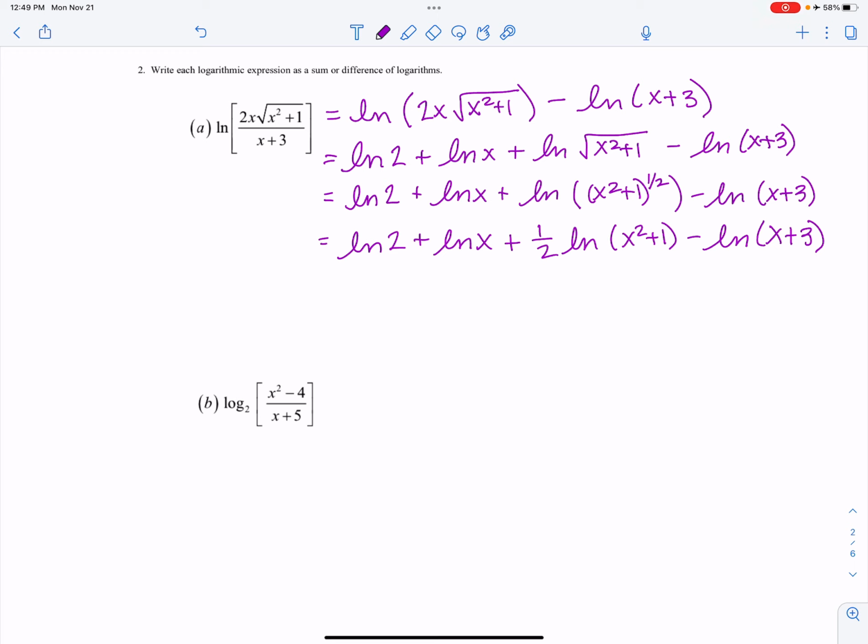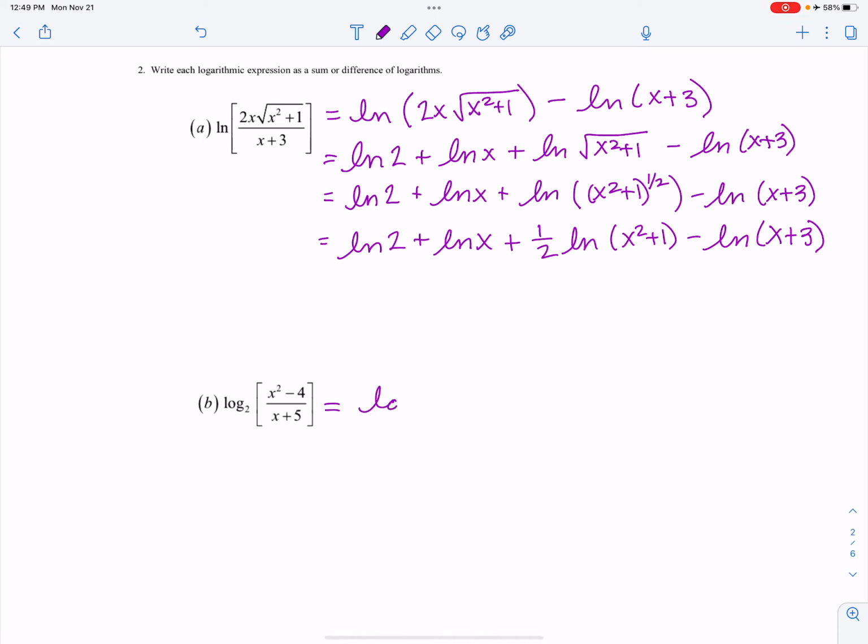Let's do another. Same thing. We're just going to work one process at a time using those properties to turn this into a bunch of sums and differences. Log base 2 of x squared minus 4 divided by x plus 5. Again, I see that division, so the first thing it makes me want to do is write the log of the numerator minus the log of the denominator.